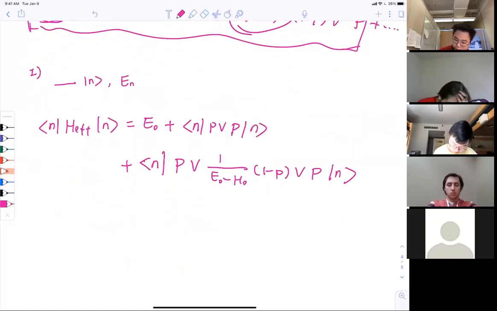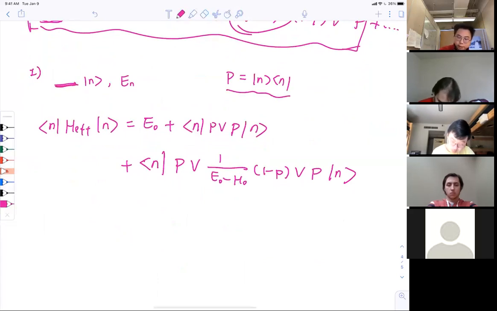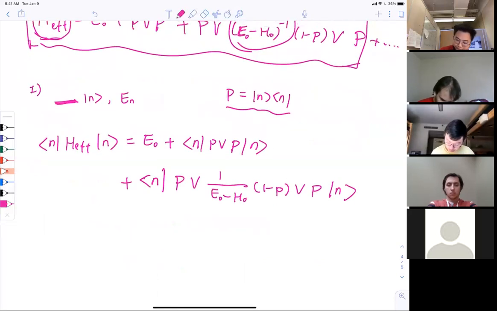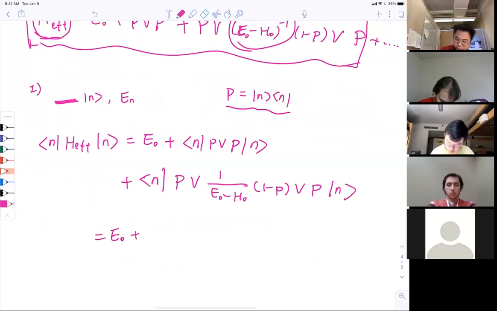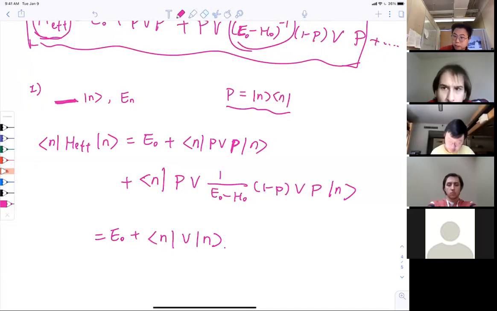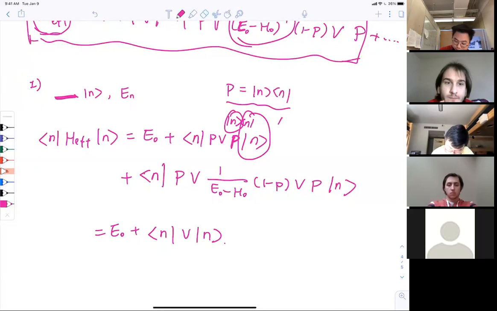And in this case, remember P is a projection operator, so it projects all the states onto the state we care about. So this P projection operator acting on this ket n is trivial, right? Because this guy is 1, so it's still ket n.